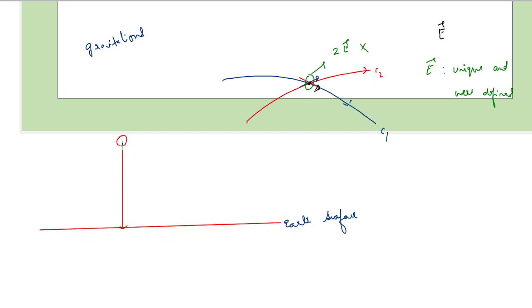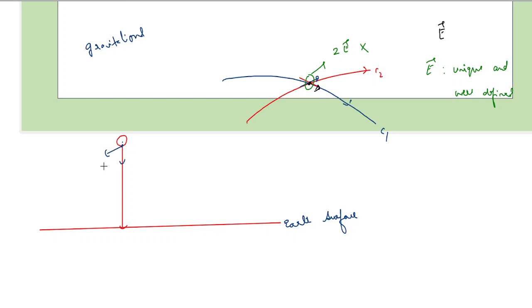Imagine that at this point there are two field directions, which means there's one field like this, and also think of a case where we have one more field which is like this. This would mean that the apple has two directions.